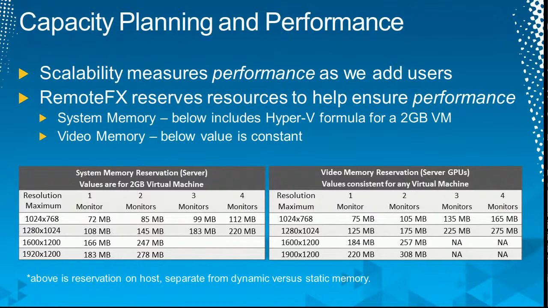On this server, we had 2 2 gig GPUs. So the maximum we would get at 1280 by 1024 resolution was 16 users. So you'll see a lot of our performance is pegging up to 32 users with the 2 GPUs at 2 gig of video memory. And so the important point here is that RemoteFX is already doing reservations, and it's already doing guarantees to try to ensure a high-quality user experience.